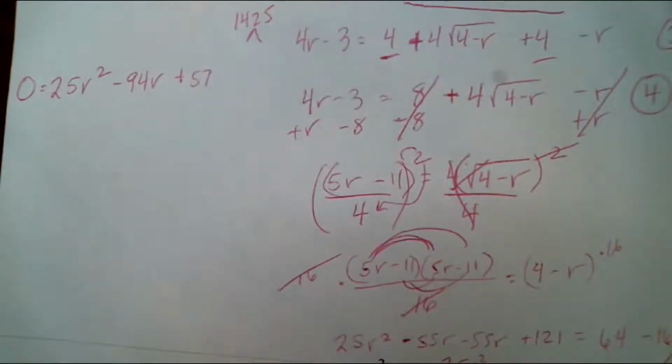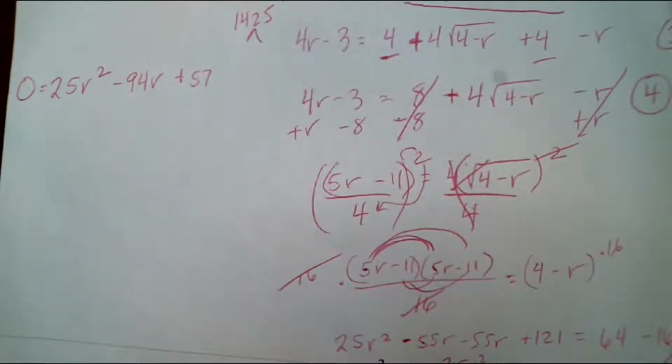25 times 57 is 1425. So what will multiply to be that, but add to be negative 94? Anybody?